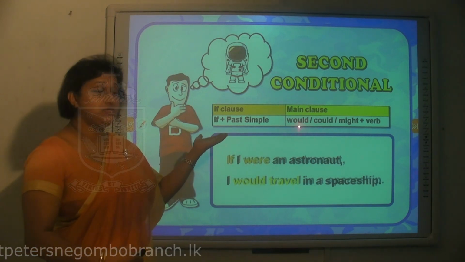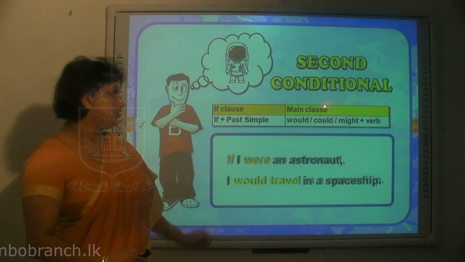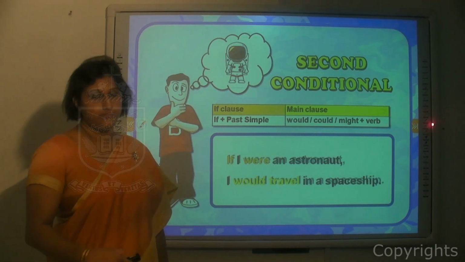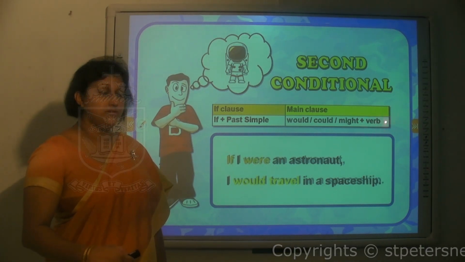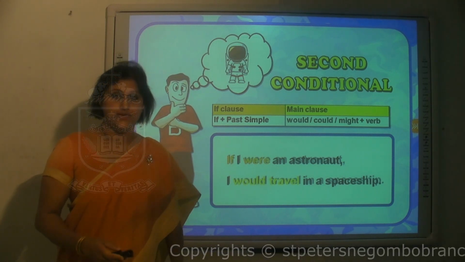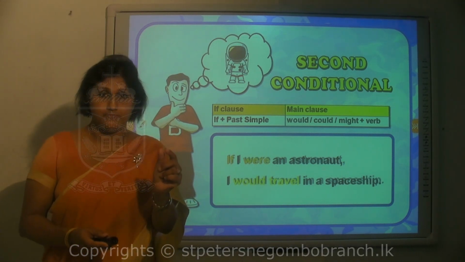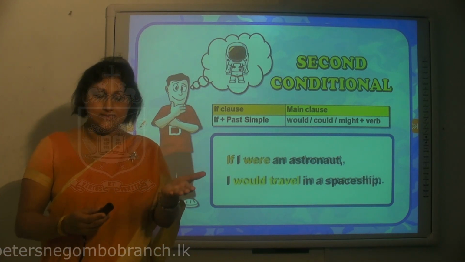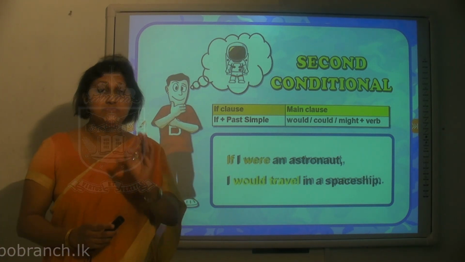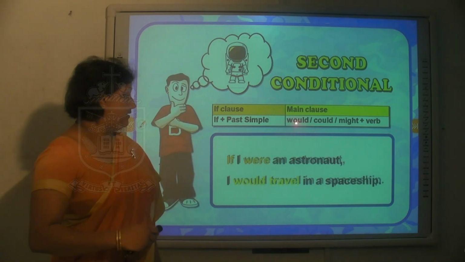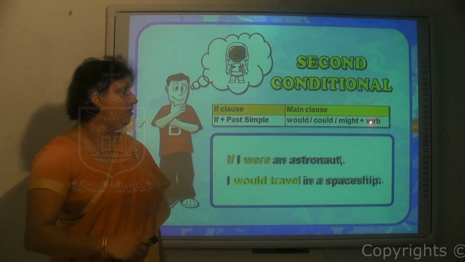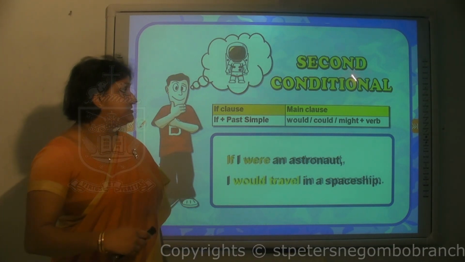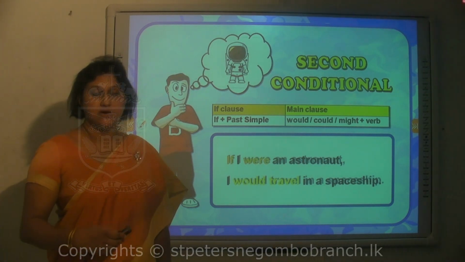Will has changed into would, can has changed into could, and may has changed into might, plus the verb. When it comes to this verb, children, you have to use the infinitive form, that is the verb stem. Say go, visit, try, cry, dance, something like that. So would, could, might plus the verb infinitive. This is how the second conditional sentences are formed.